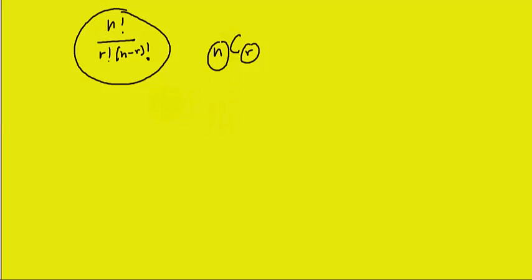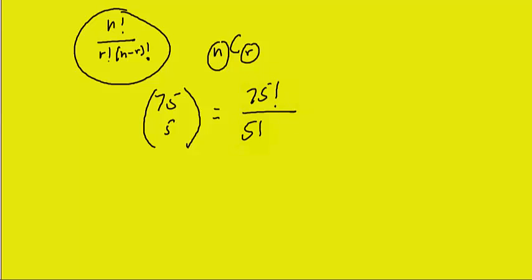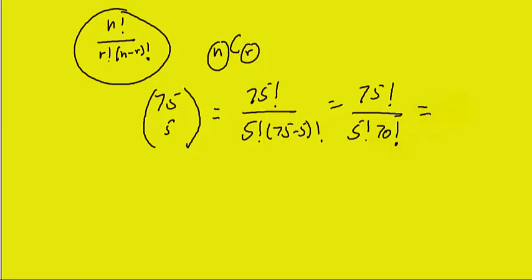For example, in the lottery tonight, Mega Ball, we have 75 numbers, and we're going to pick 5 out of the 75. Sometimes it's written like that. This really means 75 factorial over 5 factorial times (75 minus 5) factorial, which is really 75 factorial over 5 factorial times 70 factorial. Or, in your calculator, it will be 75 choose 5. Let's figure that out using a calculator.